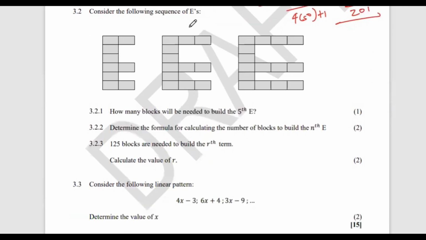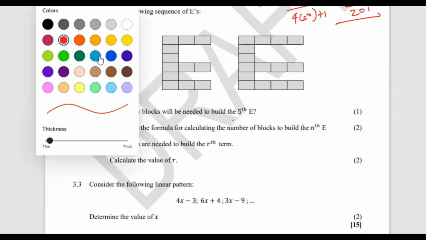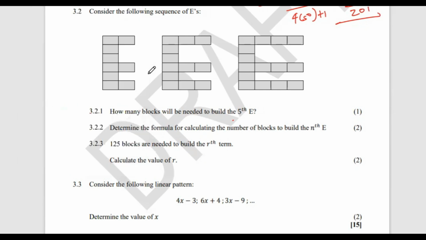Then consider the following sequence of E's. How many blocks will be needed to build the 50th E? So we need to know how this pattern of E is growing, especially with the number of blocks used. So 1, 2, 3, 4, 5, 6, 7, 8, 9. So we have 9 blocks first. Then 1, 2, 3 up to 12.